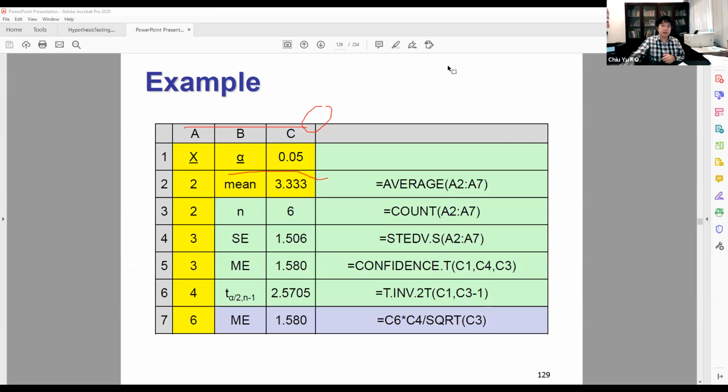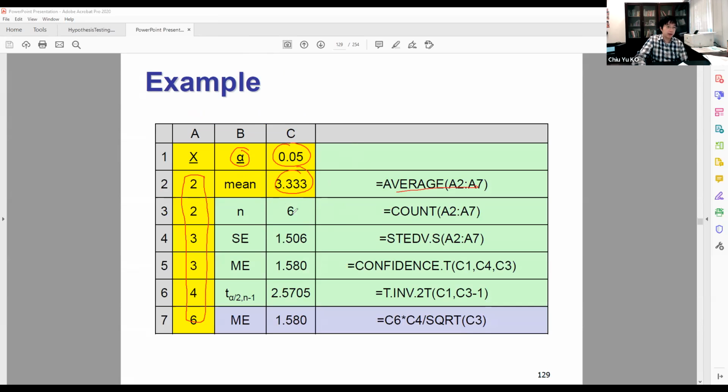Okay, so let's see the example. To save time, I'm not going to run it in the Excel. You can check it. So alpha is this, and this is the data here. I calculate the mean, which is the average.